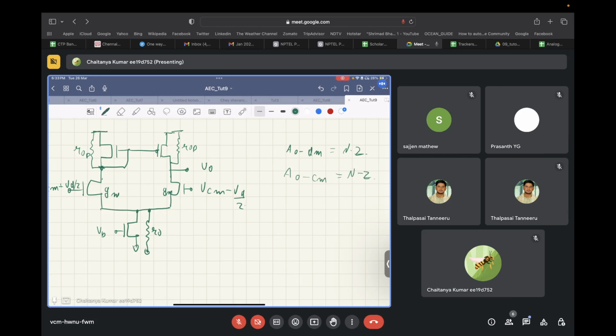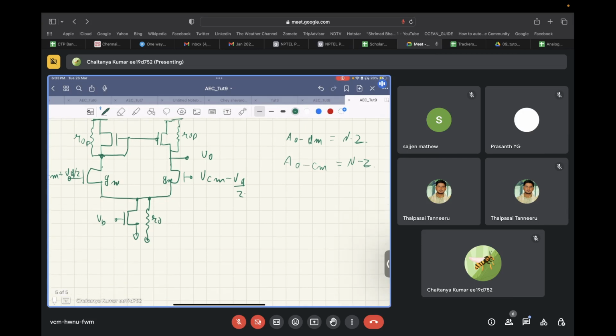So for this kind of circuit, you need to find out the gain from the differential input to output separately, and the gain from the common mode input to output separately.